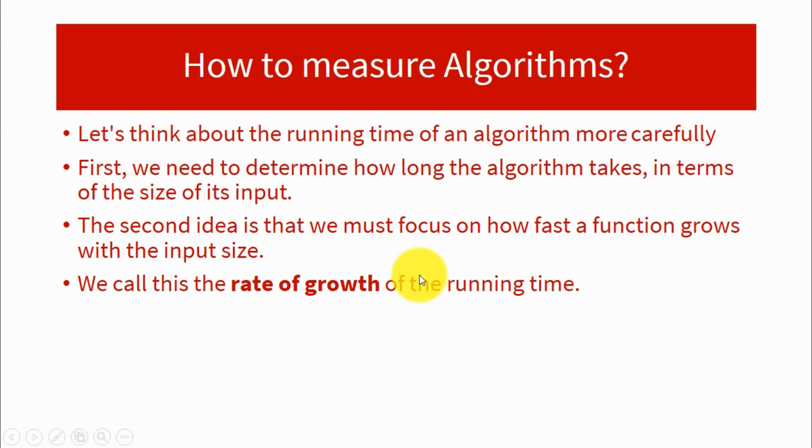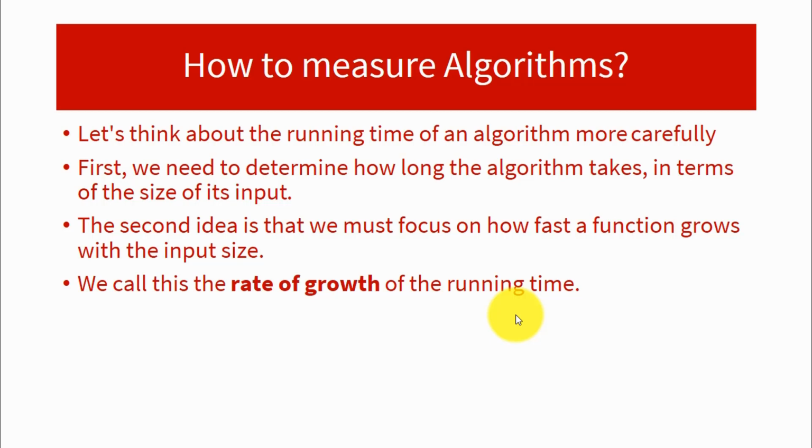So let's think about the running time of an algorithm more carefully. There are two ideas we are going to need to put together in order to achieve the task. The first one is we need to determine how long the algorithm takes in terms of the size of its input. It's very important that for different sizes the algorithm behaves differently.